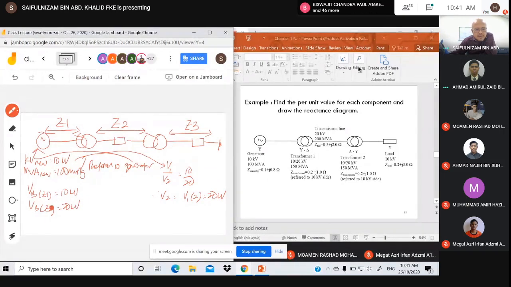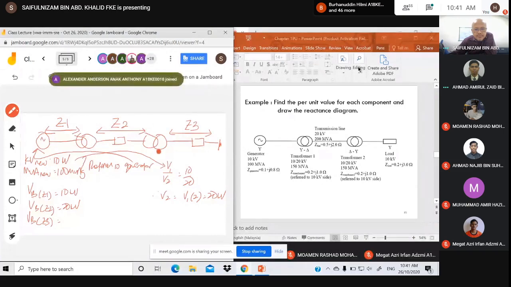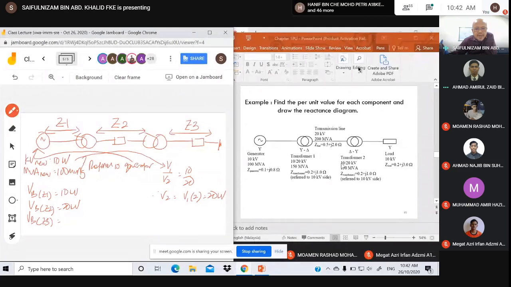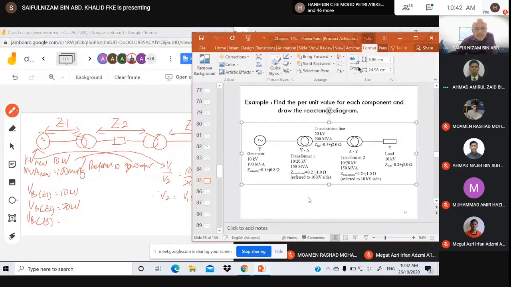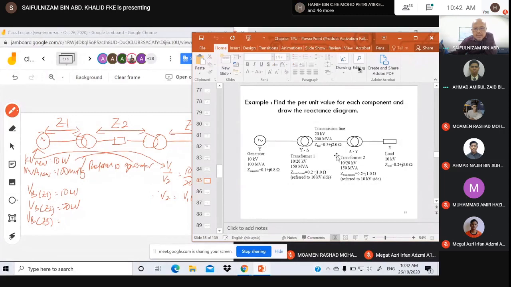Okay. So V base for zone 3. What is the ratio for T2? You see here 10, 20. So does 10 refer to the primary or secondary? Secondary.